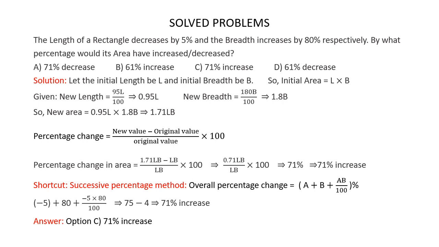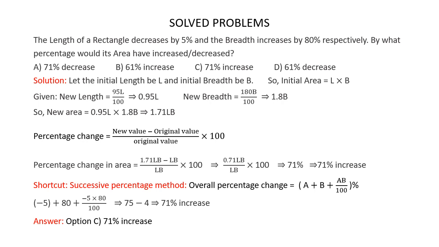Substituting these values in the percentage change formula, we have percentage change in area is equal to 1.71 LB minus LB divided by LB multiplied by 100. On solving this, we get the percentage change in area as 71%. Since this is a positive value, it means there is a 71% increase in the area.